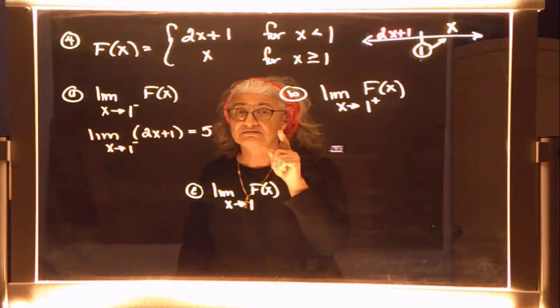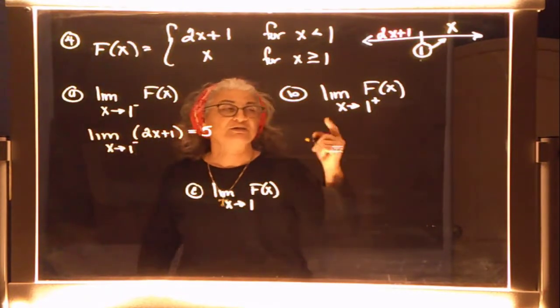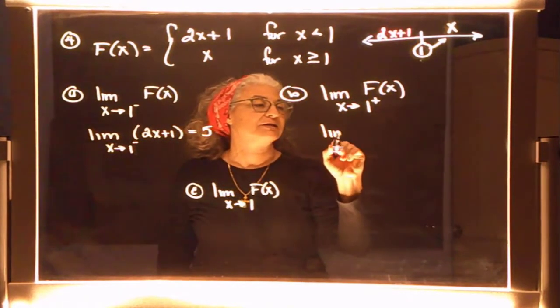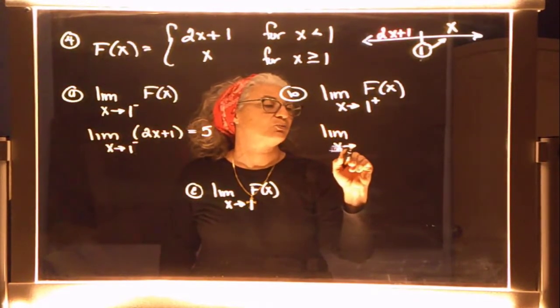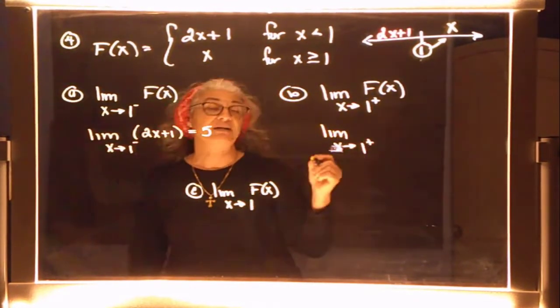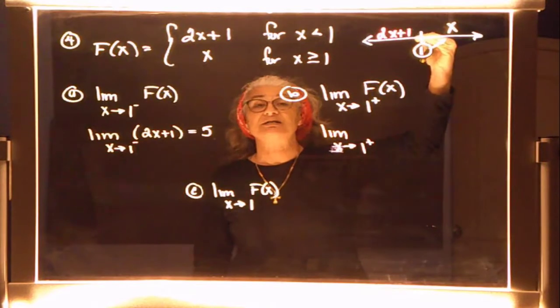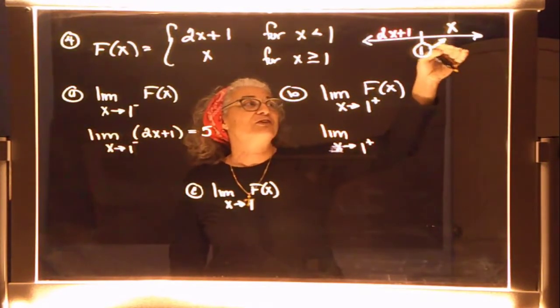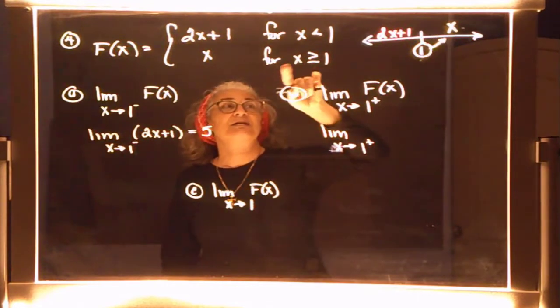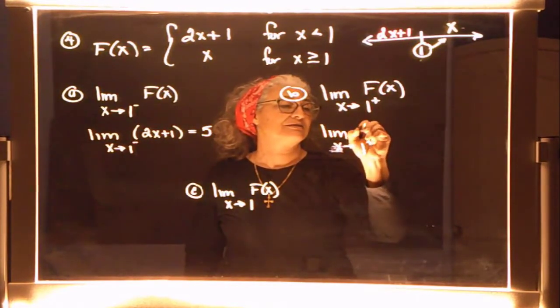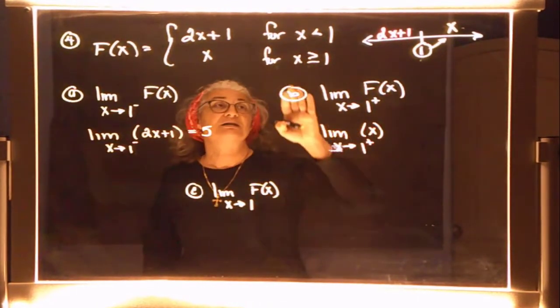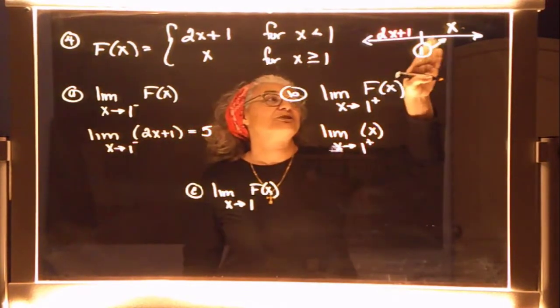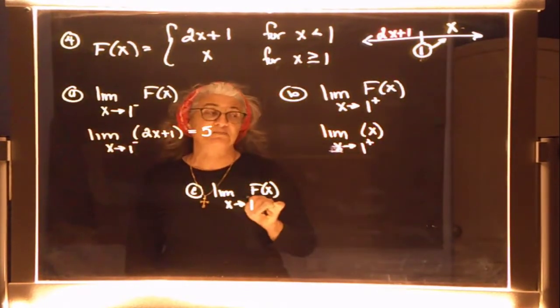Good? Okay. Let's look at this other one. The limit as x approaches 1, now from the right. So now I'm coming in from the right. And according to our visual aid, the function I'm going to use is x, because this function x is allowed to be used for all the numbers greater than 1.